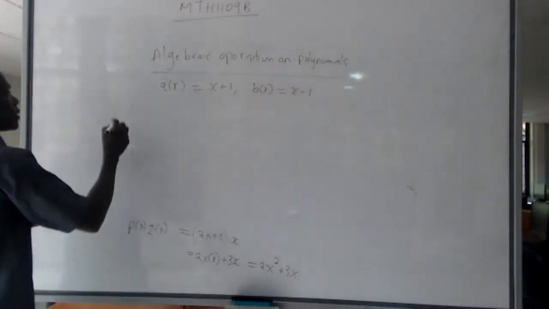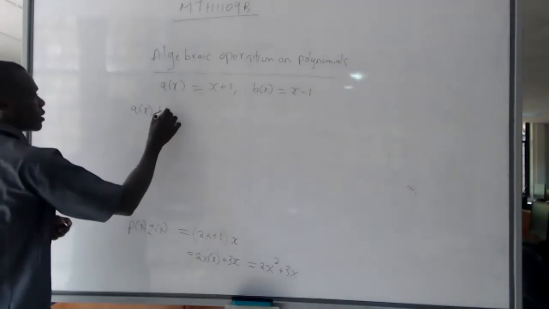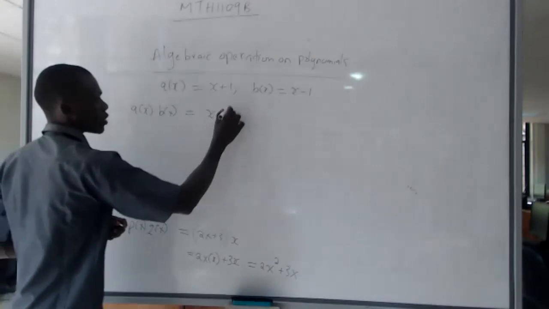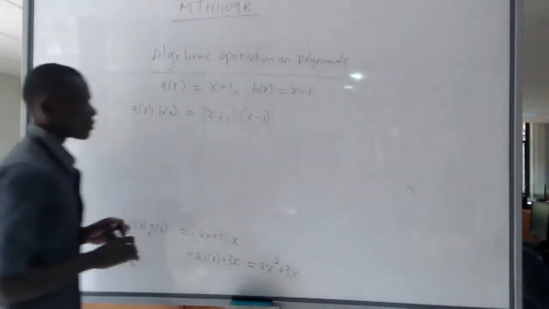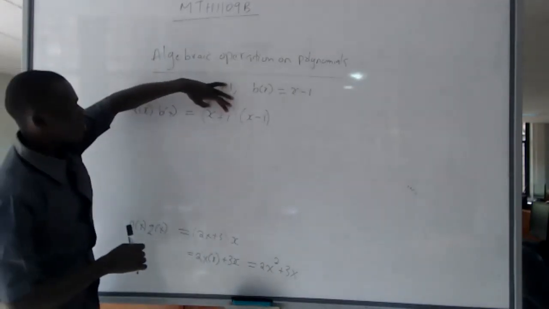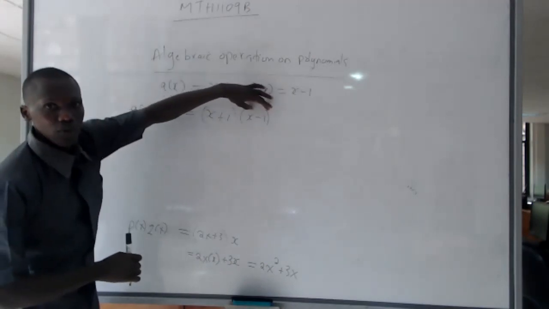We want to multiply a(x) times b(x). This will be x plus 1 times x minus 1. Now you take each term of the first polynomial and multiply it by all the terms of the second polynomial.